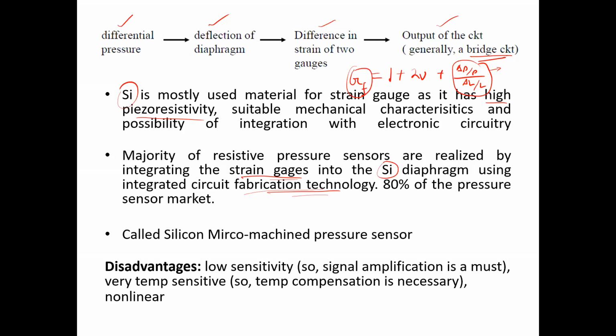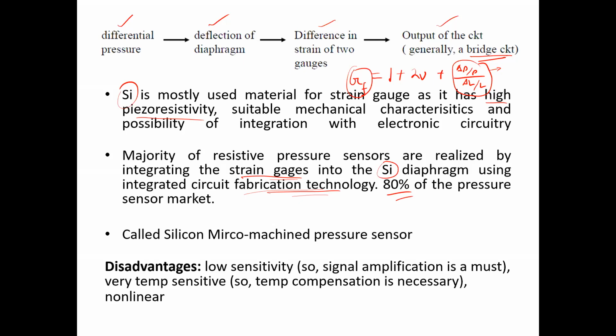It helps to ease the fabrication process. And in most cases, 80% of the resistive pressure sensors are of this type.